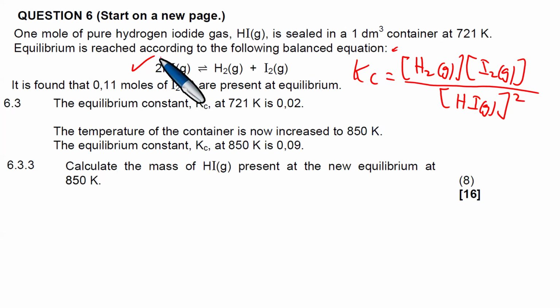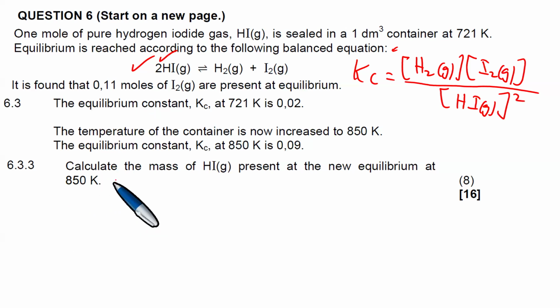We square this because of the number of moles of the hydrogen iodide too. So don't you have to draw the table? Yeah, you can already sketch the table.